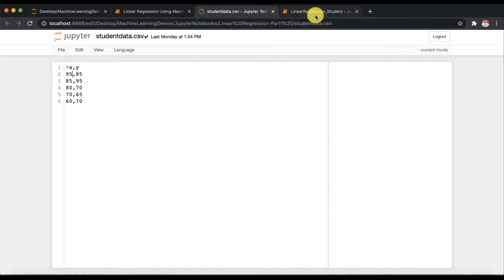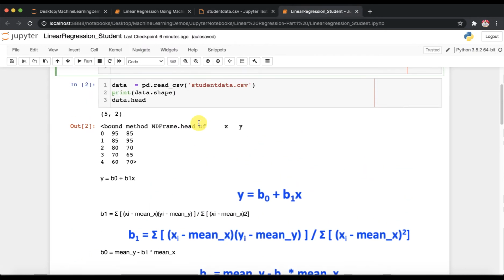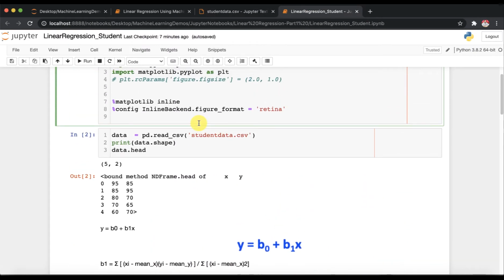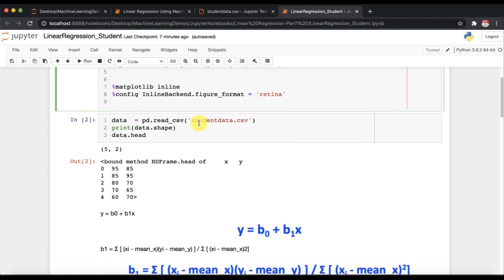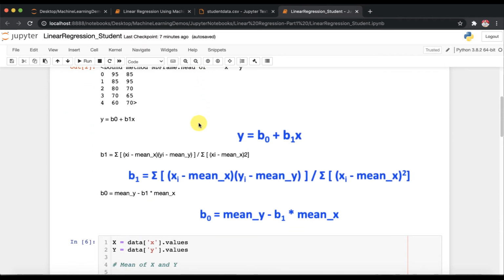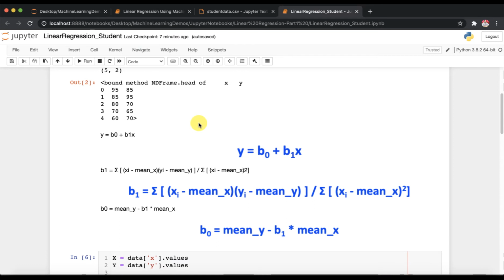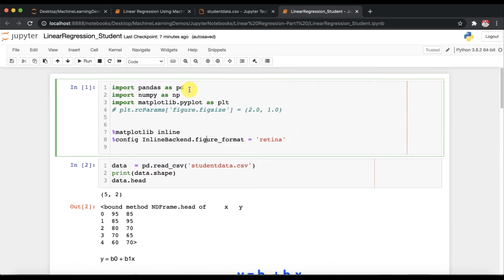But first of all, let's start with the mathematical formula, how you can solve this problem with simple statistical formulas, and how you can predict the value. In my next video we'll see how you can solve the same example with machine learning. So in this video we are going to import three important libraries: pandas, numpy and matplotlib.